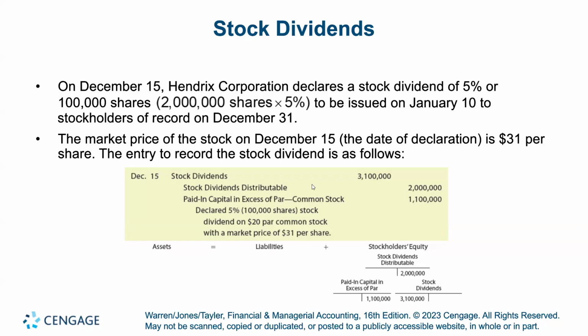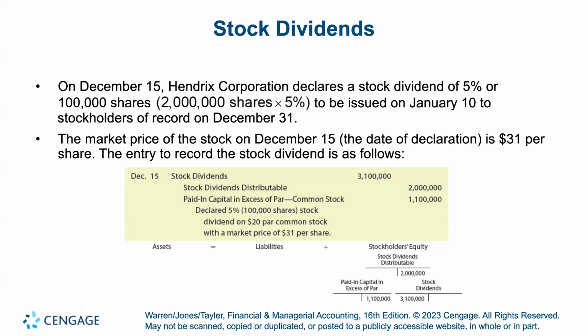We will debit stock dividends, $3,100,000, and we'll credit stock dividends distributable, meaning they haven't done it yet. They won't do it until the actual day of issuance. And then we'll credit paid in capital in excess of par on the common stock.